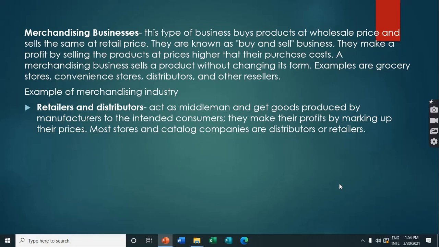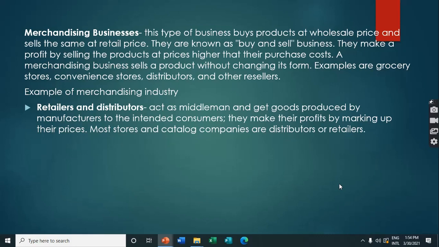So, what are the examples of merchandising industry? So, ito yung mga retailers natin, distributors natin. Act as a middleman and get goods produced by manufacturers to the intended consumers. So, they make their profits by marking up their prices.